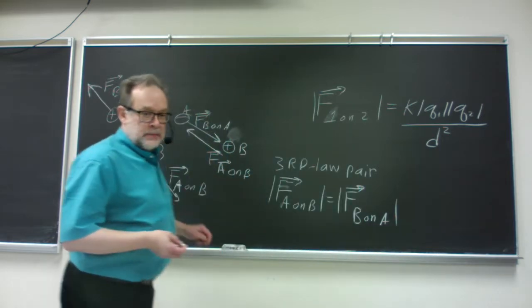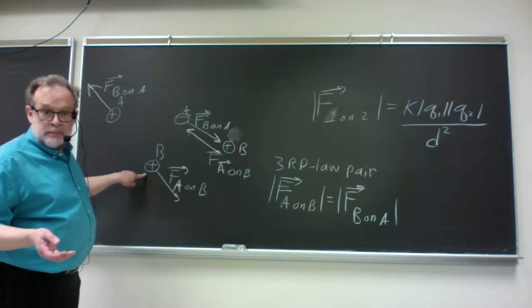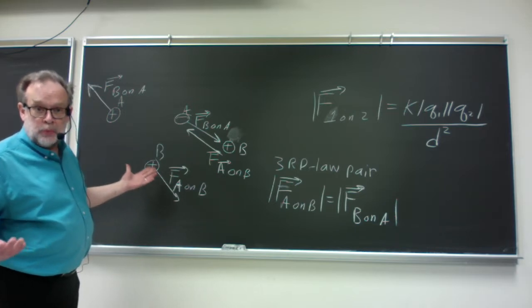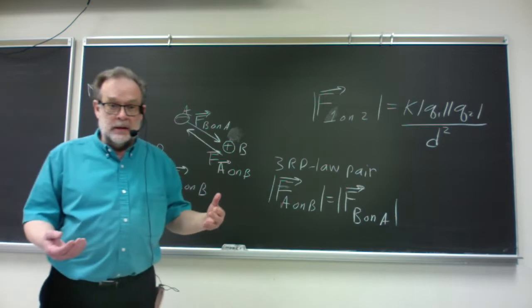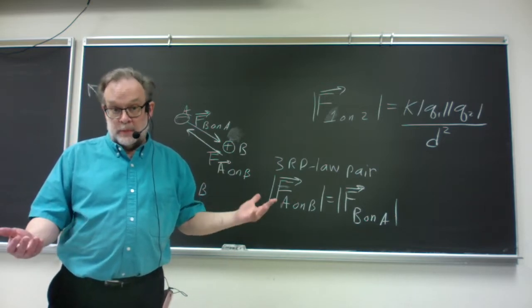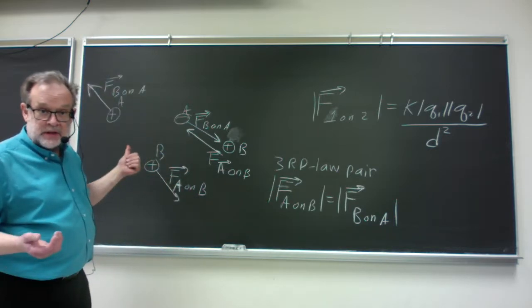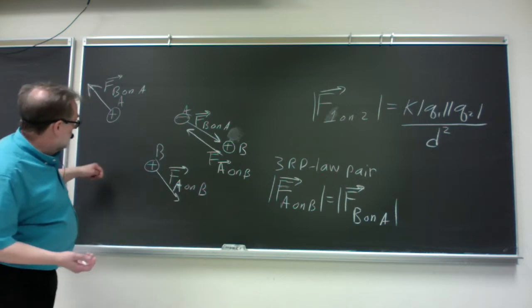So, for example, let's say we have two charged objects with the same type of charge, both positive. Opposites attract, likes repel, so two charges of the same type, both positive in this case, repel each other.